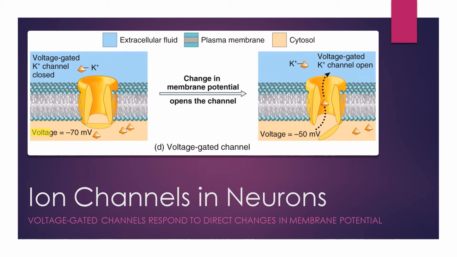So here we can see the voltage is negative 70 millivolts inside the cell, and at that voltage the potassium gate is closed. When the voltage changes to negative 50 millivolts, this is when the voltage-gated potassium channel will open, allowing potassium out of the cell, down its concentration gradient.